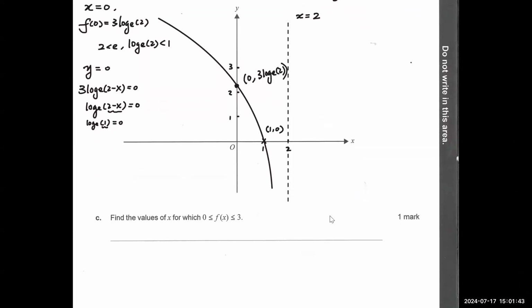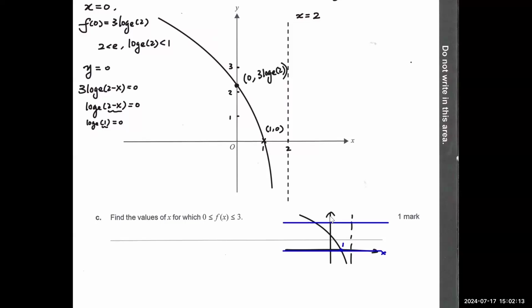Now, find the values of x for which f of x is greater than or equal to 0, but smaller than or equal to 3, based on the graph we just plotted. We know this is 1 for the x value, and this is y equals 0.